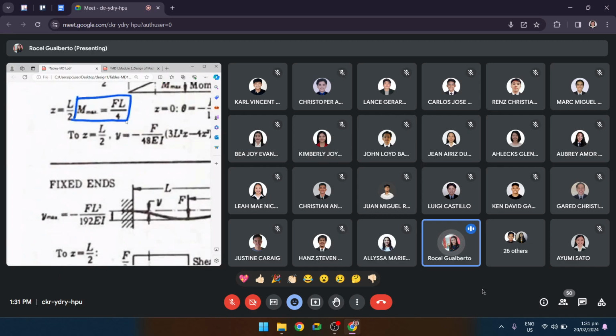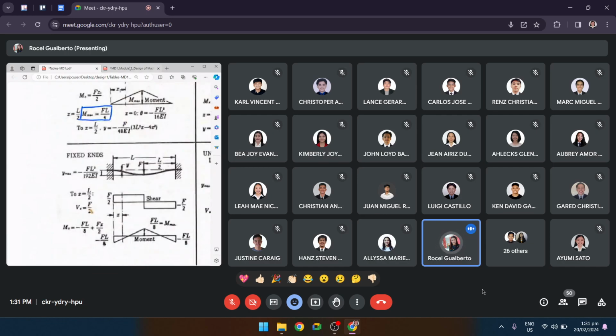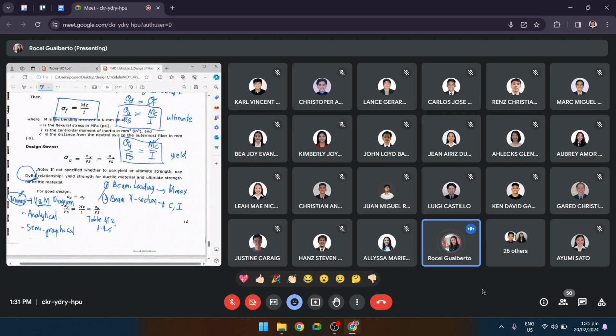M maximum is equal to FL over 4. So, that is what we will copy. M max is equal to FL over 4. This is valid only for our sample.